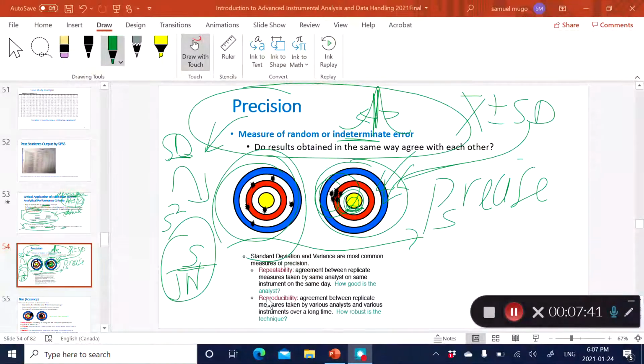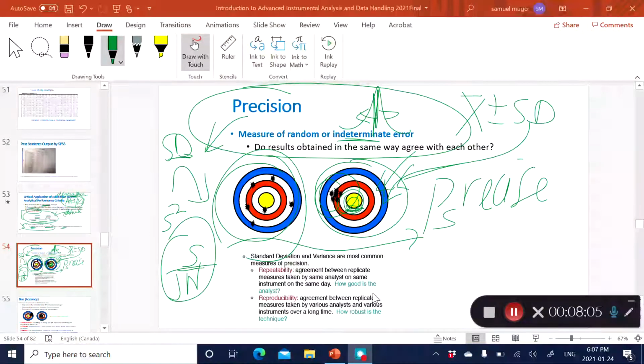But a more robust measure of precision is where you use the method and you analyze the sample over different days, using various instruments, over a long time. And that is what you refer to as reproducibility of that method.